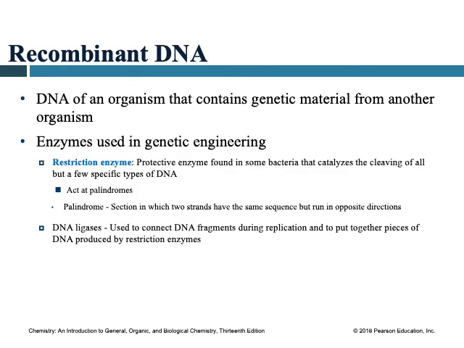Now we're going to talk about recombinant DNA. So recombinant DNA is the DNA of an organism that contains genetic material from another organism. What does it mean? Let's say this is your DNA, right, DNA from one organism.